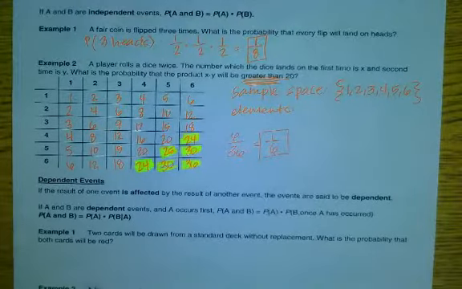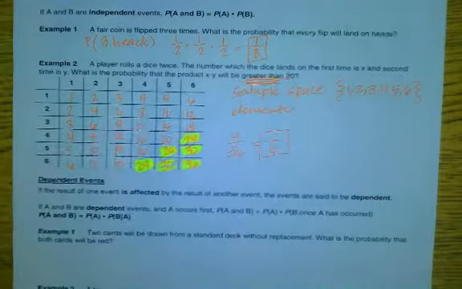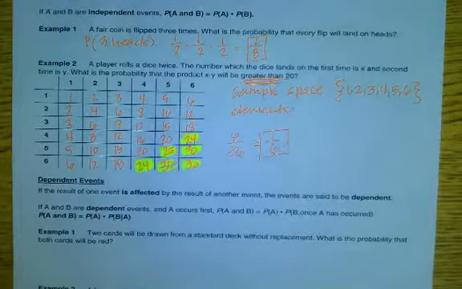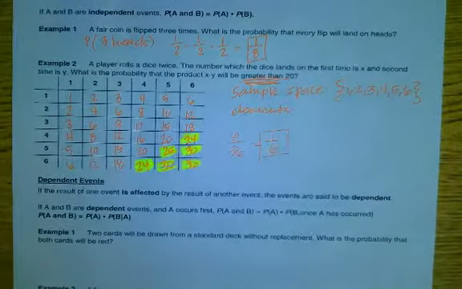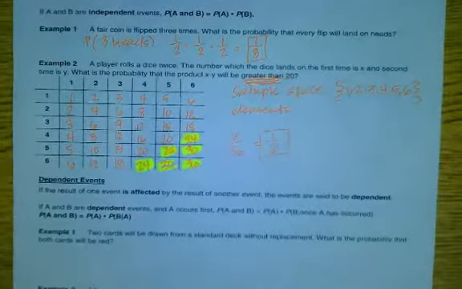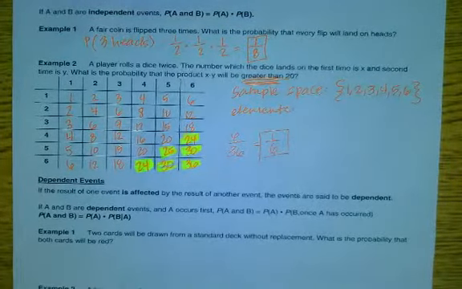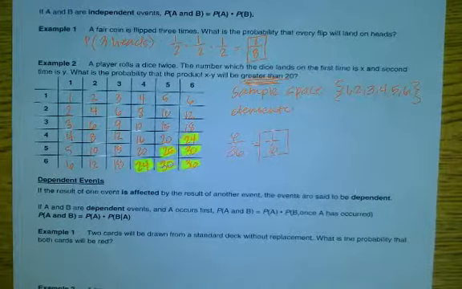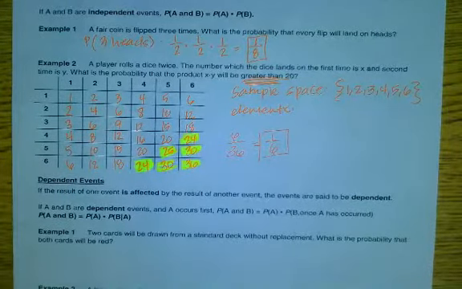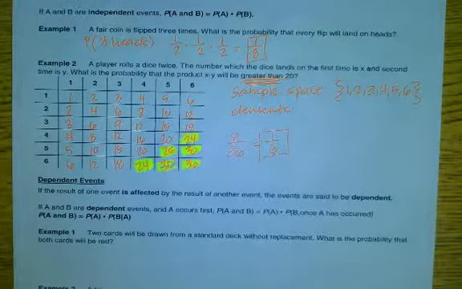Okay, so opposite of your independent events are going to be your dependent events, okay? So the probability of something affects the next event.